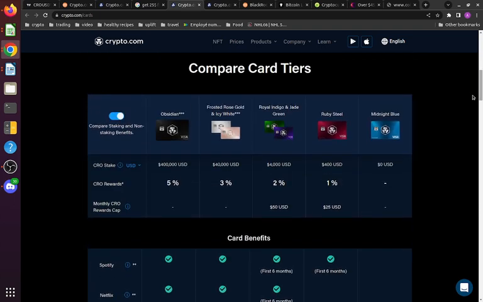Personally, I have the Jade Green one, and if I recall well, if I don't stake my Cronos, I only have 1%, and if I stake them, then it goes to 2%. The cashback is going to be paid in Cronos, so I can get up to $50, and the Ruby Steel can get up to $25.